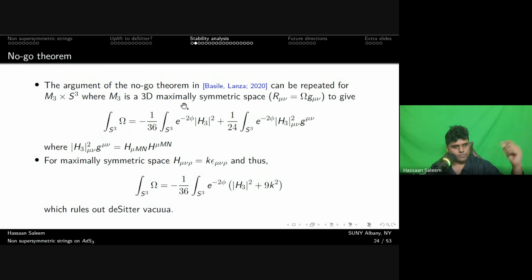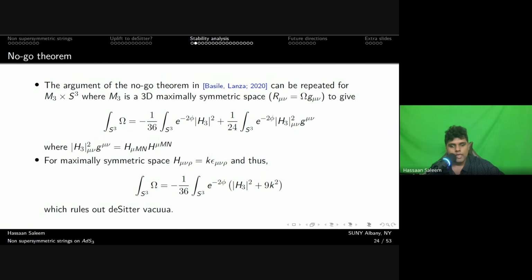For example, you know that AdS spacetime, de Sitter spacetime, and Minkowski spacetime are all maximally symmetric spaces. So suppose that you have a background which is M3 cross S3, where M3 is a 3-dimensional maximally symmetric space. And we do know that for a 3-dimensional maximally symmetric space, R mu nu is some cosmological constant times g mu nu. Right now I'm using omega for the cosmological constant because I have used lambda for something else.